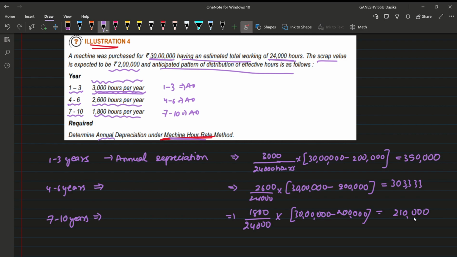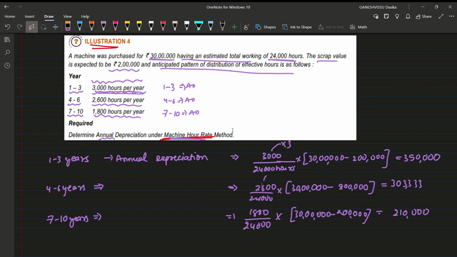Now if we add up the hours: 3,000 into 3 is 9,000, 2,600 into 3, and 1,800 into 4 years, so in total it would be 24,000 only.